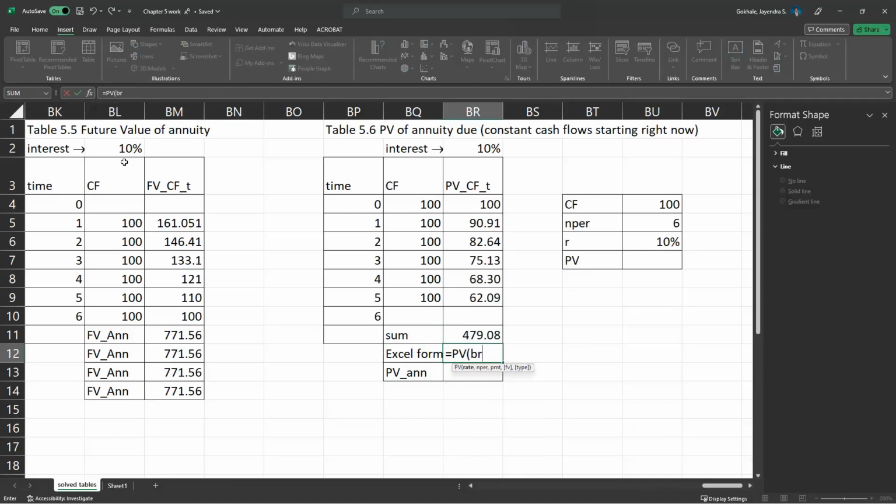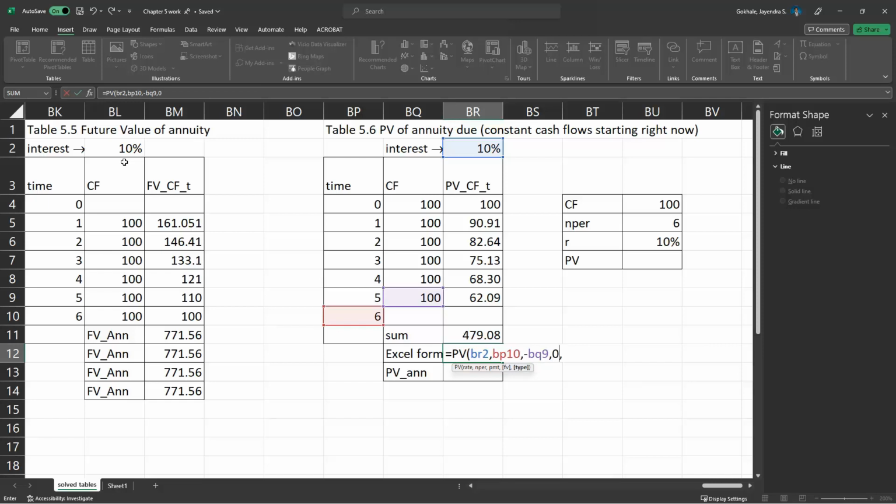So this is BR2, that's the rate. The number of periods is 6, actually we'll just say not 6 but BP10. The payment is minus BQ9. That's your payment. Future value is 0.